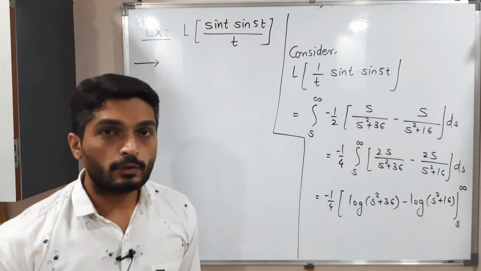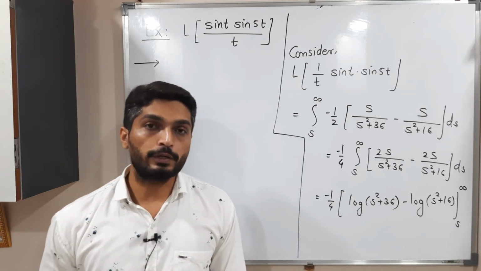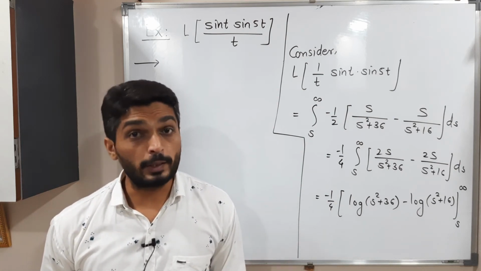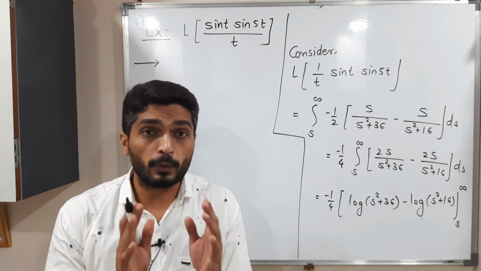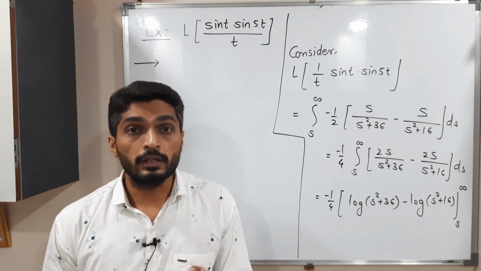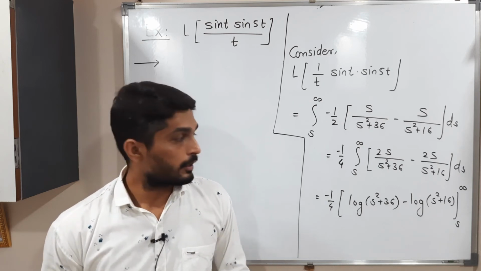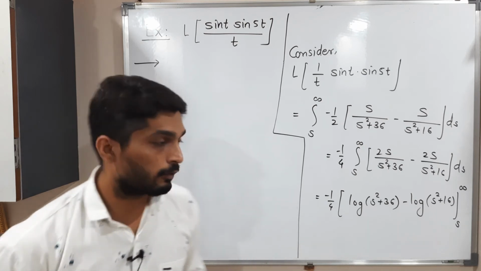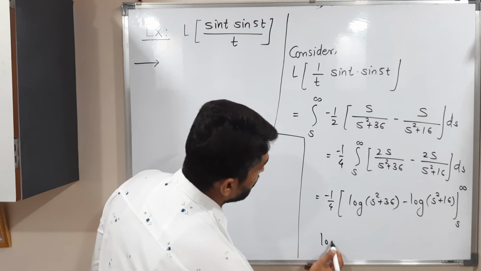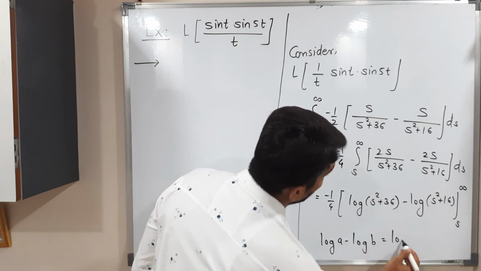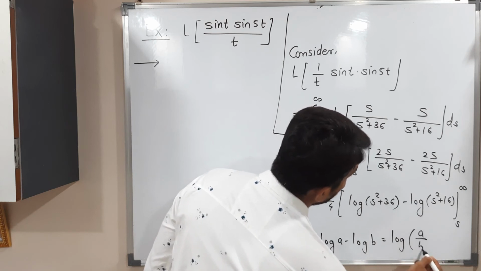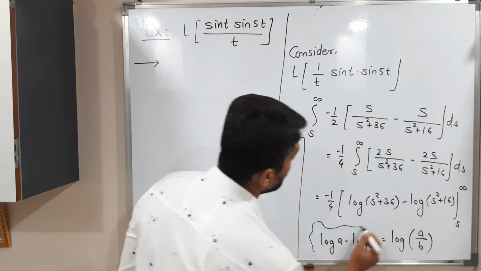Okay, but see, after solving the integration, what we do, we put upper limit minus we put lower limit, but here we adjust, we arrange that term properly, then after that only we put upper limit and lower limit. So here I am going to use the property of log. So you are familiar with that property, log a minus log b, which is equal to log a upon b. So this property of log I am going to use here.